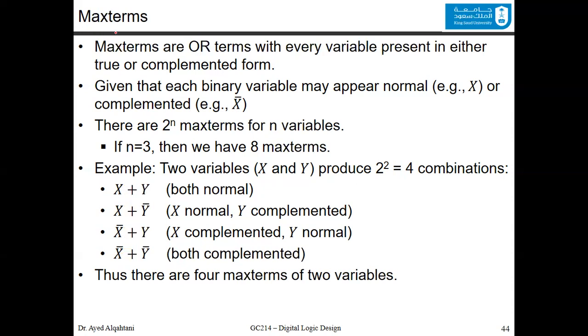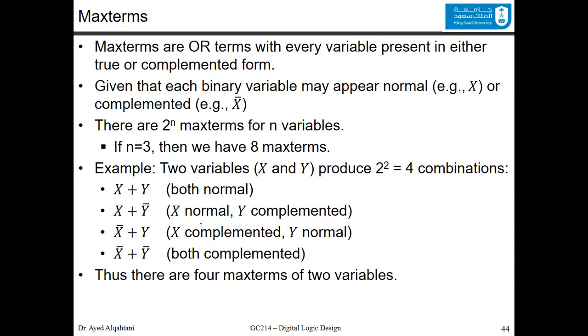On the other hand, for the max terms, we are ORing the terms instead of ANDing. So the max terms are OR terms with every variable present in either its true or complement form. The same thing: there are 2 to the power of n max terms if you have n variables.